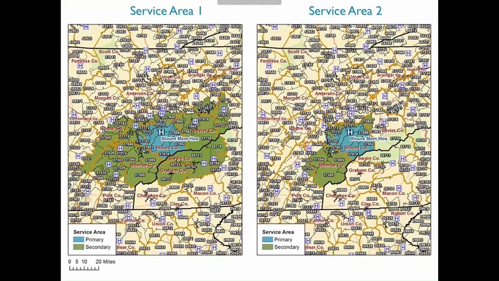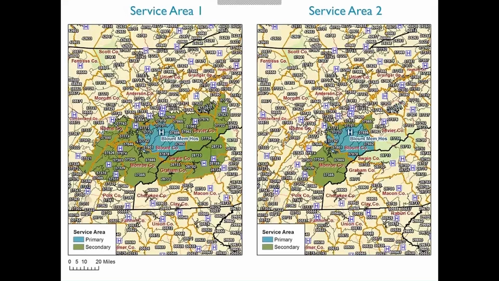For example, Lenoir City, 37771, our market share is 2.3%. That means, not really great at math, 98% of these people don't come to our hospital. Therefore, I probably would not include them in our service area.